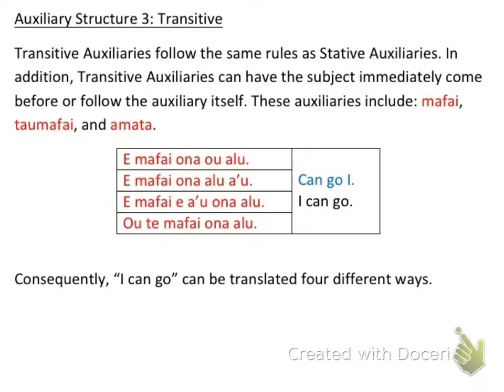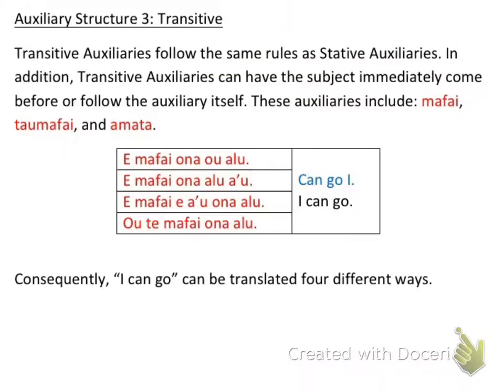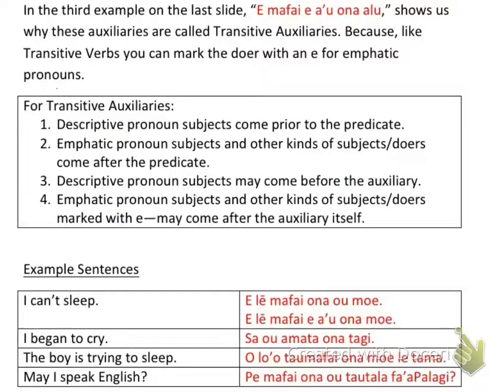Okay, so here is what I want to just kind of wrap up this video with. In the third example on the last slide, e mawhai e a'u ona alu. Okay, so we're talking about this thing right here. And that sentence shows why these auxiliaries are called transitive auxiliaries, because like transitive verbs, you can mark the doer with an e for emphatic pronouns.